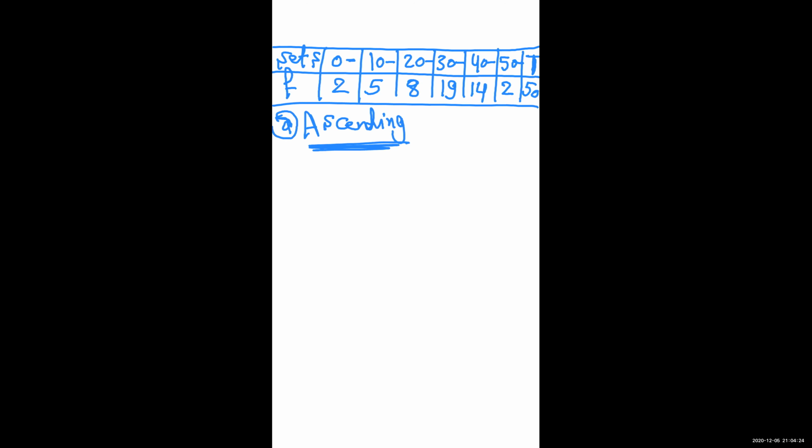Now let's draw our table and represent the numbers on the graph paper like this. This will be the table. So here, upper boundaries, ascending, and then frequency.